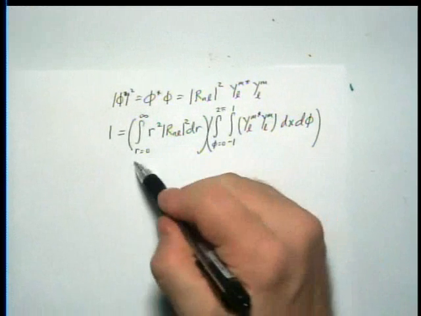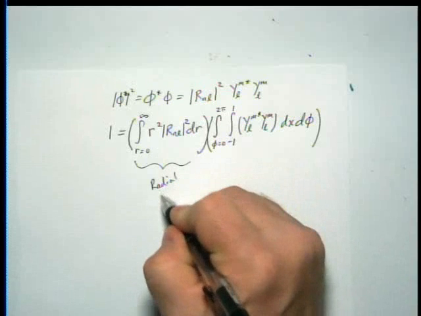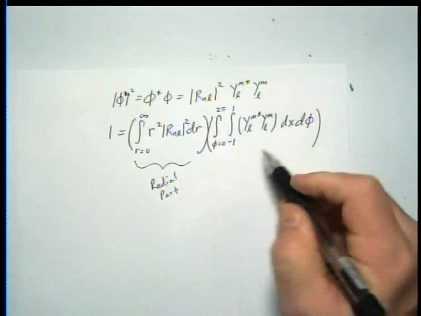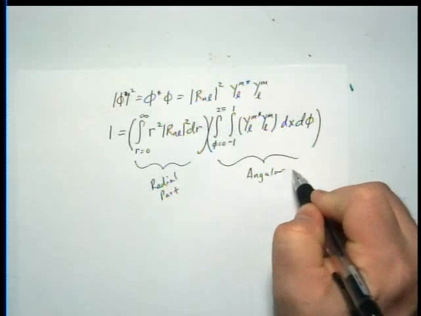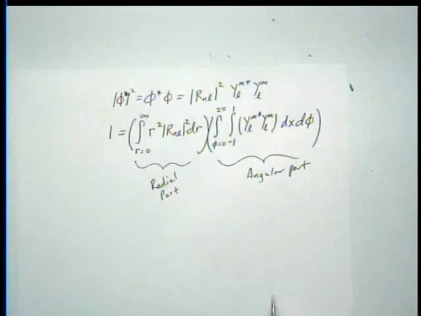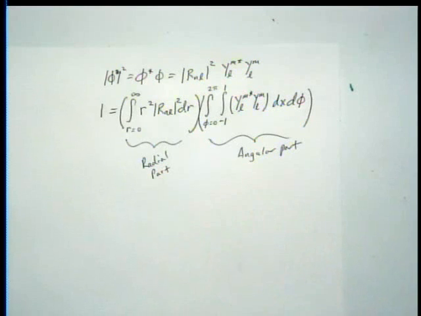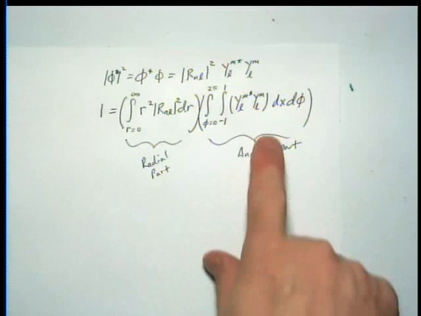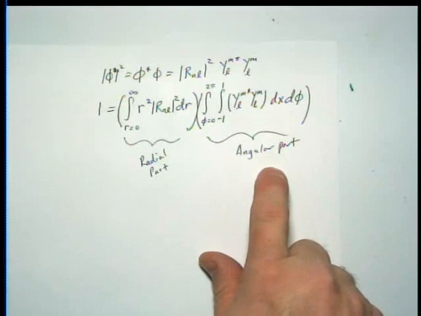So this is the radial part, and this is the angular part. You can take a problem like this anytime and do this. So for instance, if you integrate that over all space, like it shows, it will be 1.